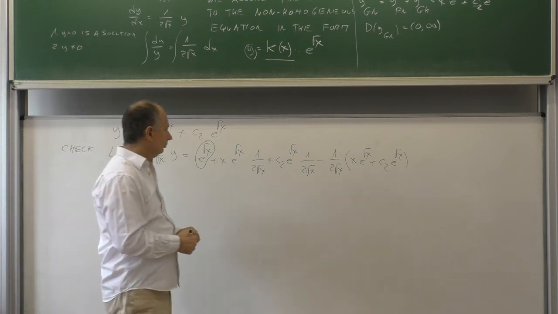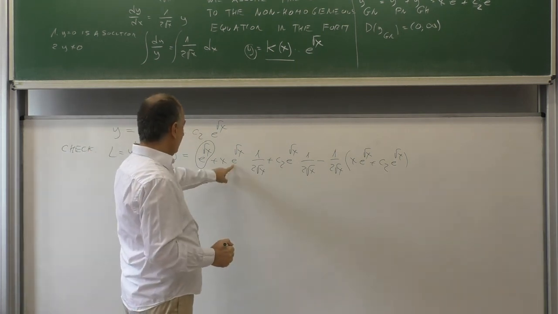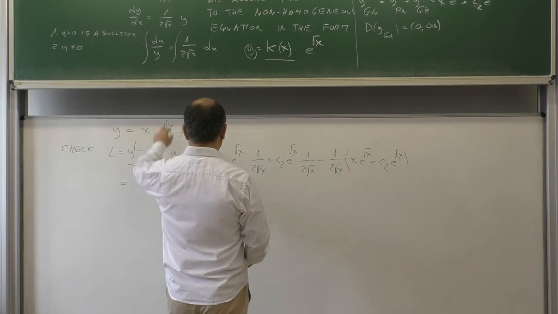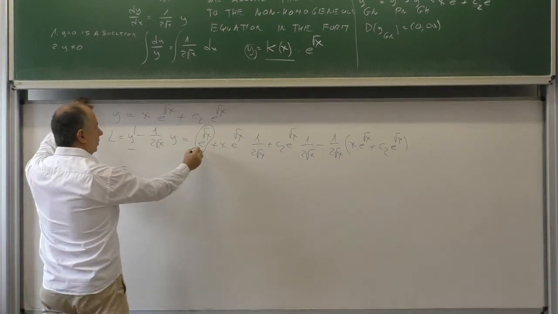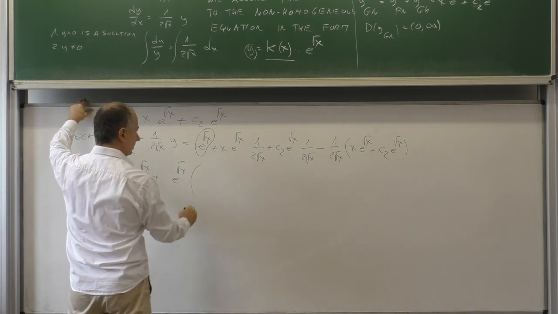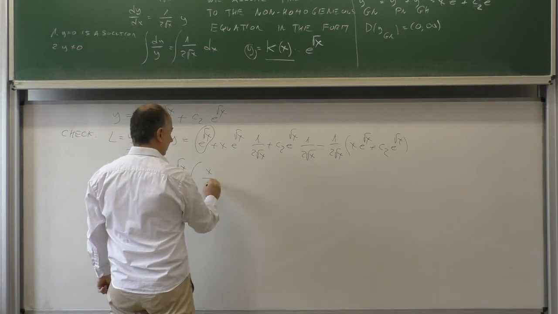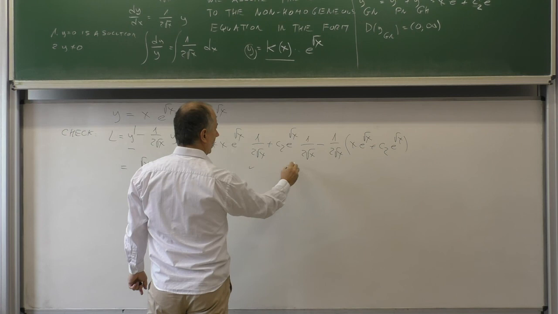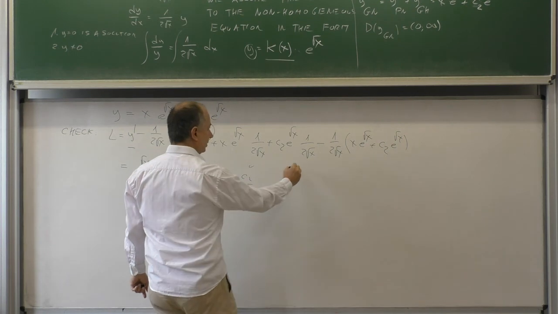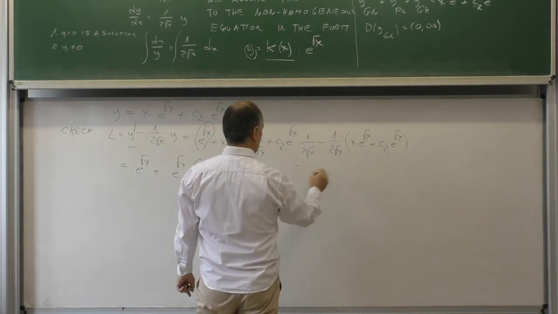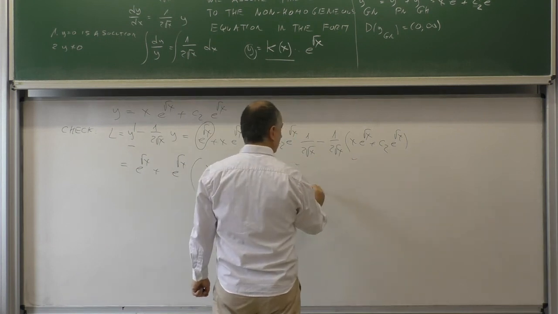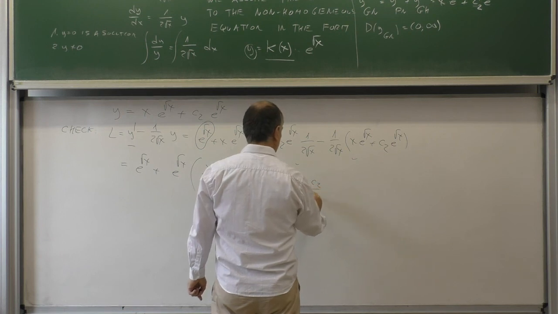Is it so? If we consider, well, we have everywhere e to the square root of x. So we write this as an extra term, and then we can factor out e to the square root of x. And we have x divided by 2 square root of x, plus c2 divided by 2 square root of x, minus x divided by 2 square root of x, minus c2 divided by 2 square root of x.